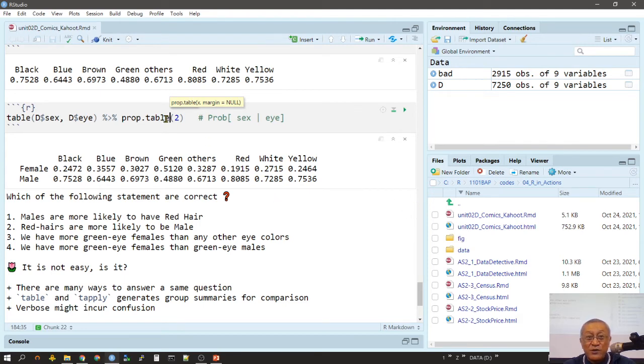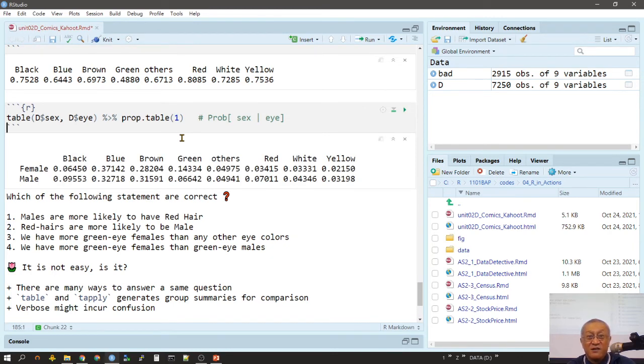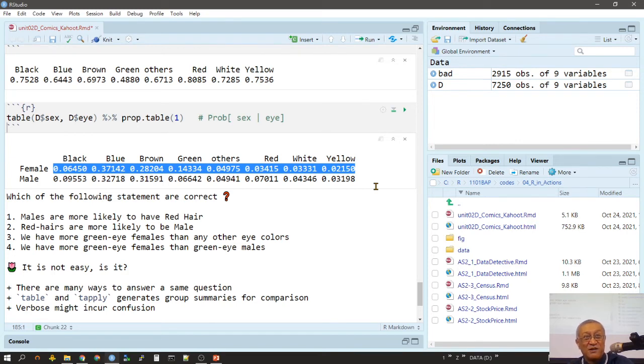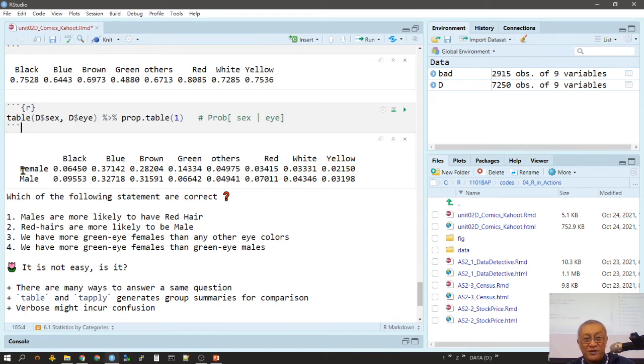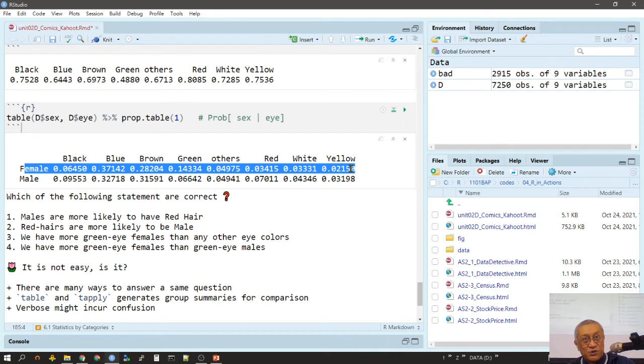If I do it with 1, it's different. Right now I'm counting of what? Because I'm doing proportional table in this direction, these numbers would add up to 1, right? So what is this number?